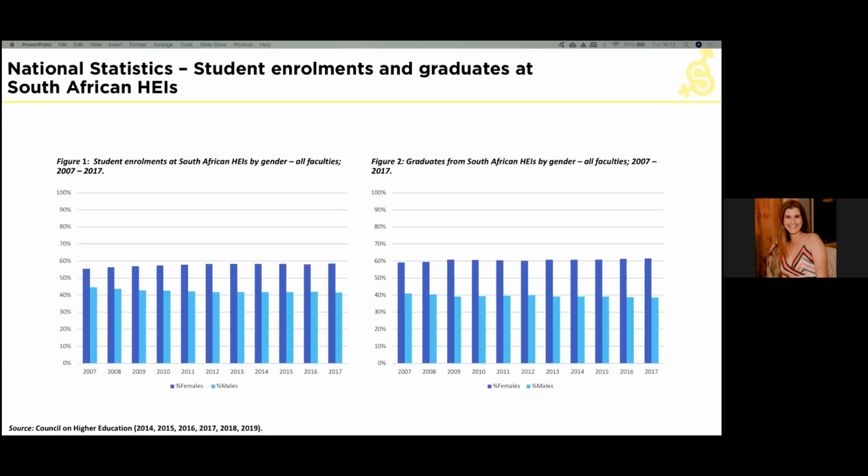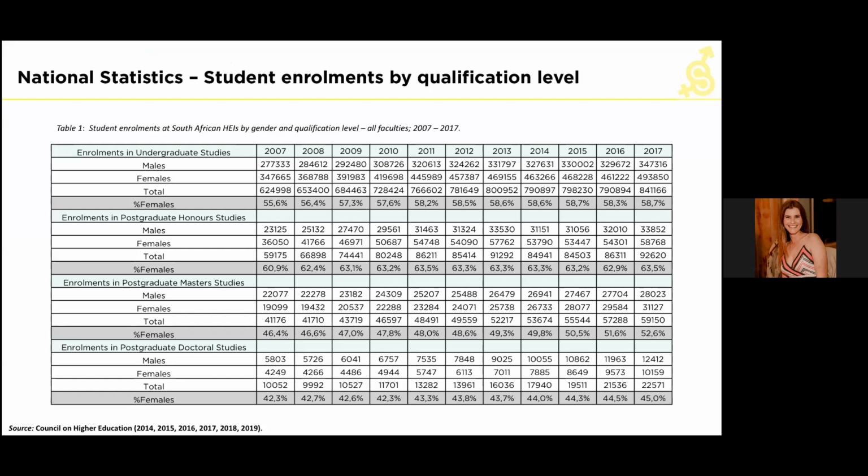And so we can see this here in figure 2, the increasing trend: females made up 59.1% of graduating students in 2007 and 61.5% in 2017. Ultimately, females don't only make up the majority of students at South African HEIs, but their chances of graduating are also higher than those of males.